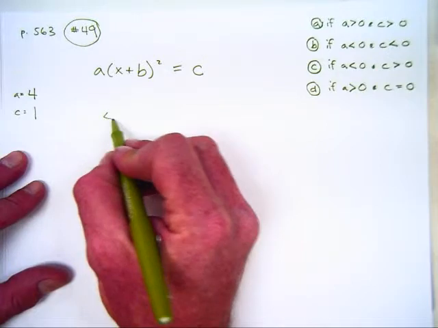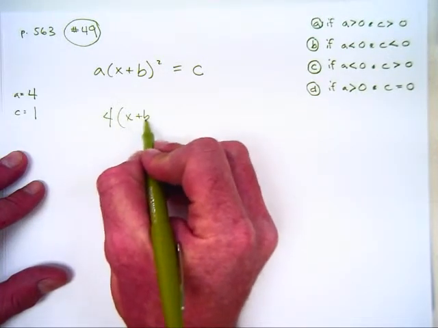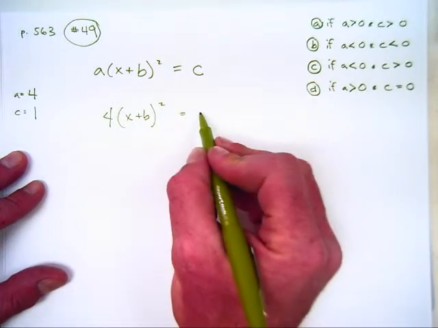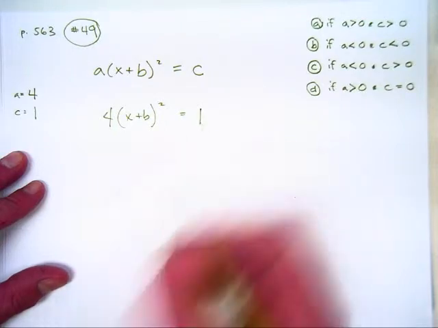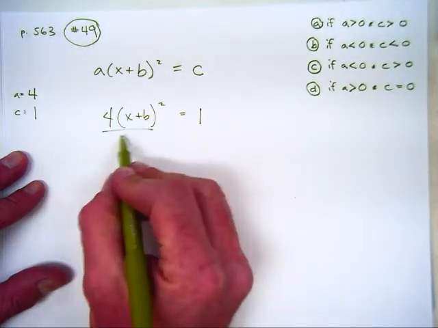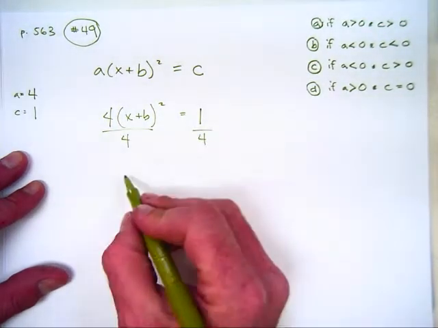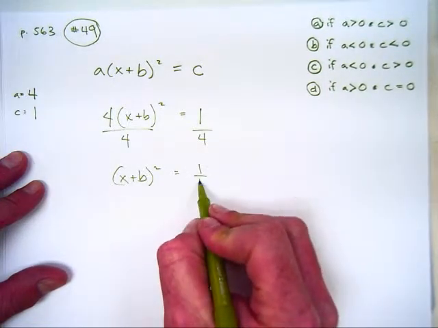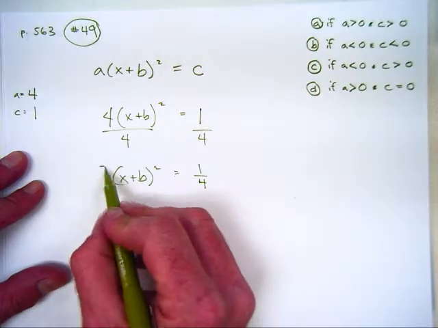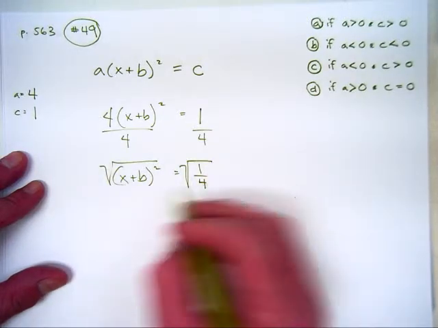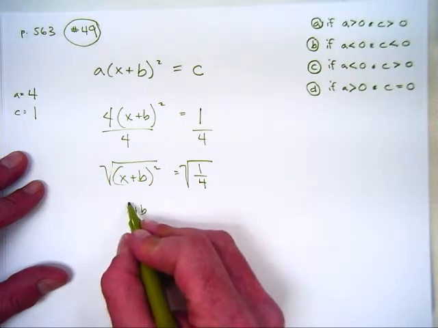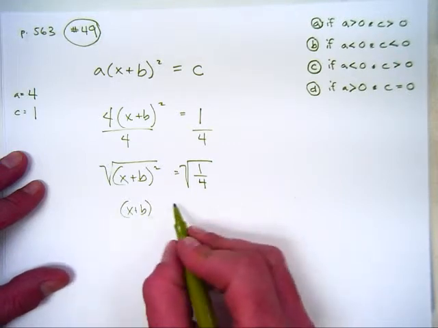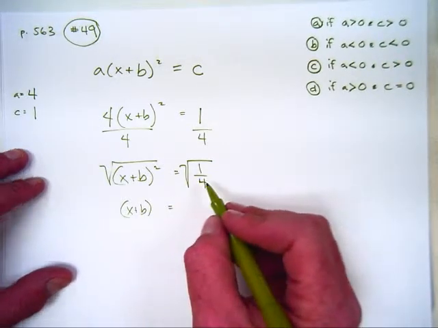So if A is 4, we get 4 times the quantity x plus b squared equals 1. I divide each side by 4, so I get x plus b quantity squared equals 1/4. If I square root both sides, I get x plus b equals the square root of 1/4.